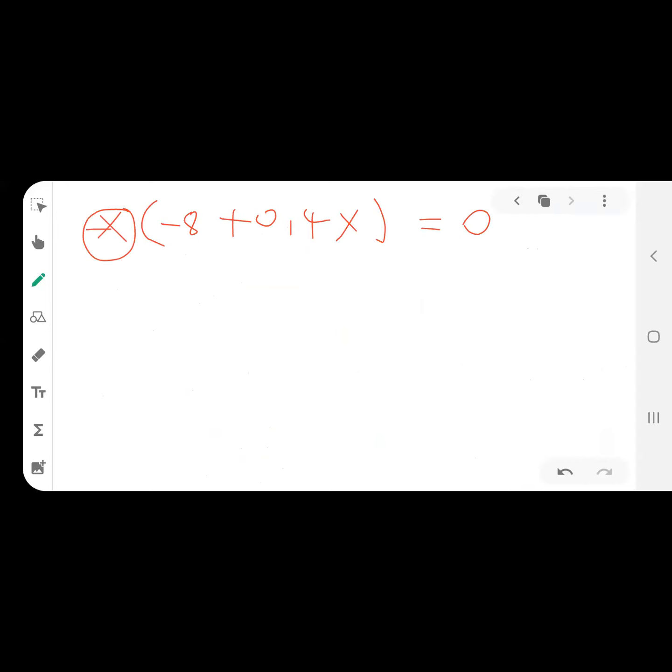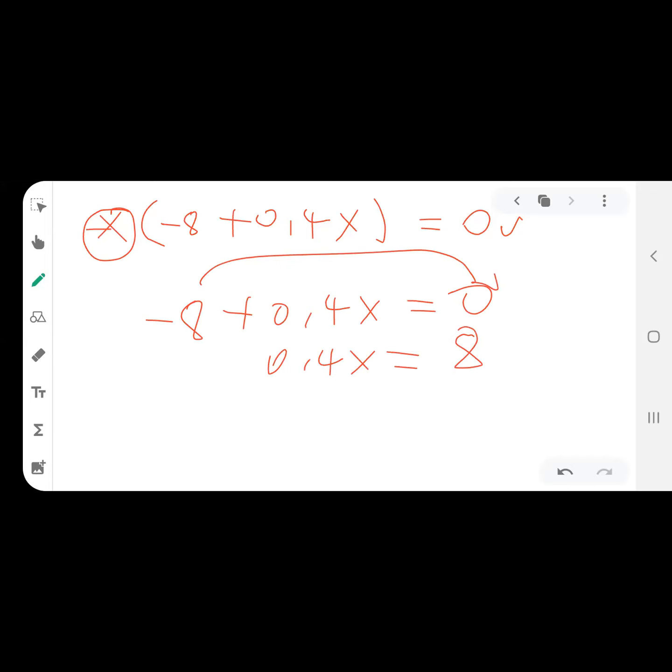So if x equals 0, or negative 8 plus 0.4x equals 0, then 0.4x equals, you take this 8 to the other side, you will have positive 8. Therefore, you divide both sides by 0.4, which equals 20.